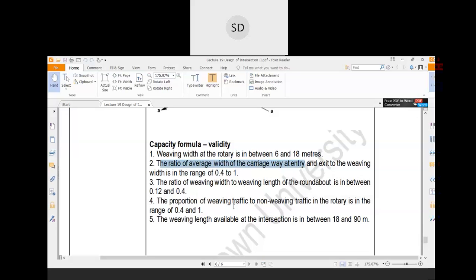Now, the proportion of weaving traffic to non-weaving traffic in the rotary is in the range of 0.4 to 1, and the weaving length available at the intersection is in between 18 to 90 meter. So these are all the values which you have to validate after you design a rotary intersection.